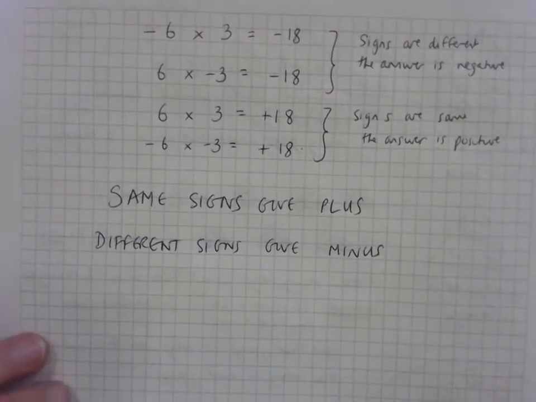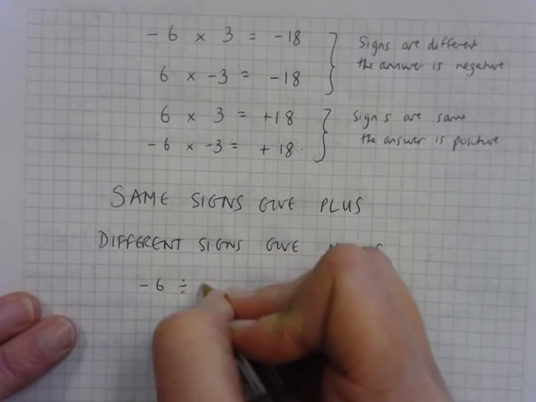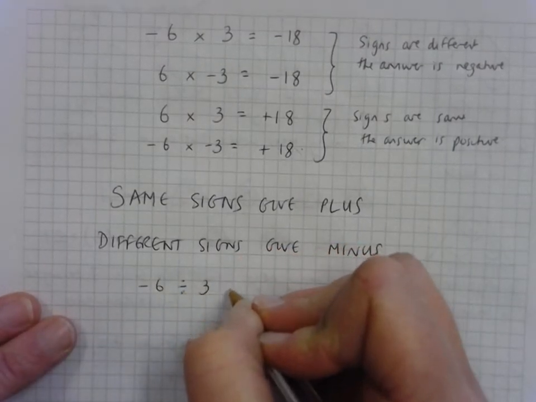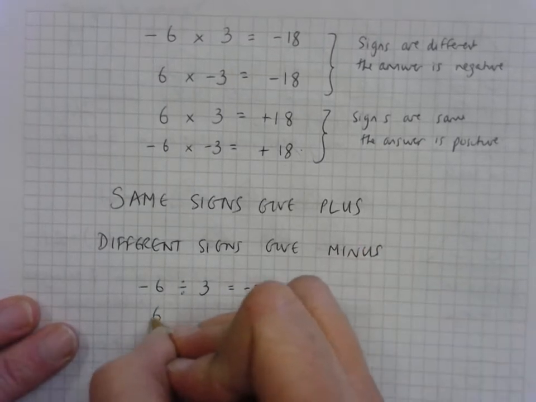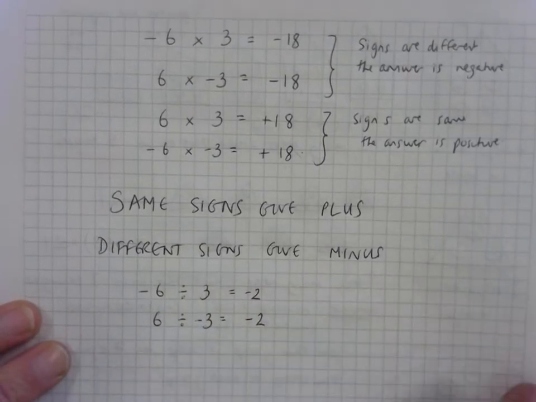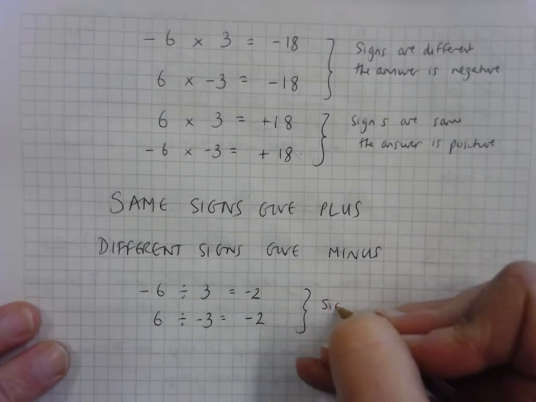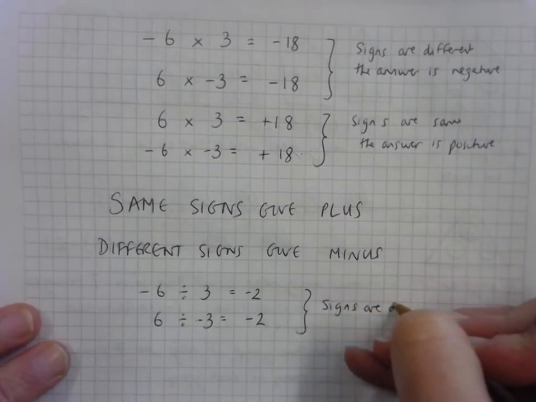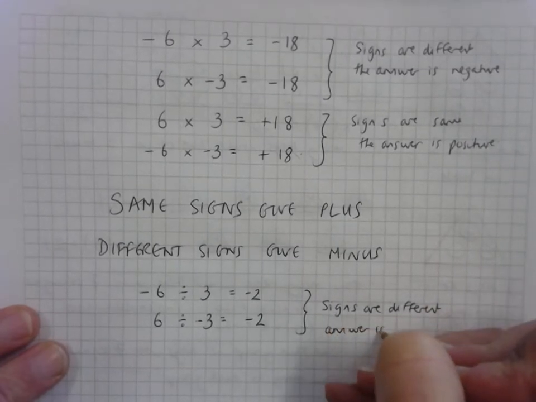So for instance, negative 6 divided by positive 3 is negative 2. Positive 6 divided by negative 3 is also negative 2. Okay, signs are different, you get a negative. Signs are different, answer is negative.